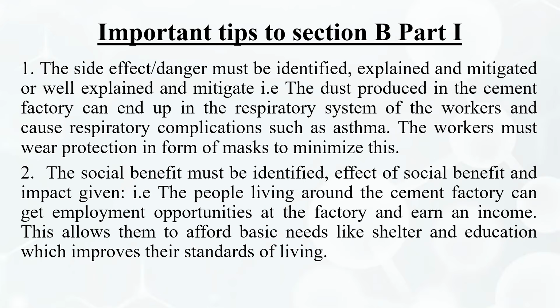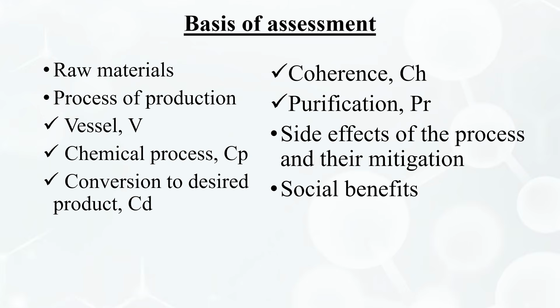So let's go through the point number 1. Point number 1 is saying the side effect or danger must be identified, explained, and mitigated. You recall we have talked about this here, the basis. We have talked about side effect, the social benefit, the process of production, the raw materials.